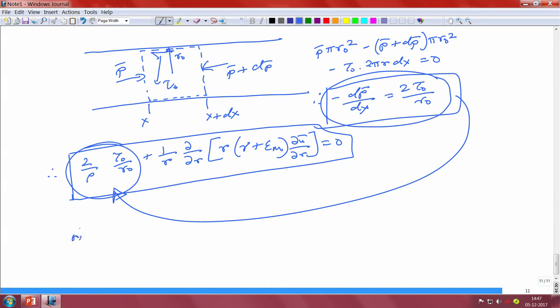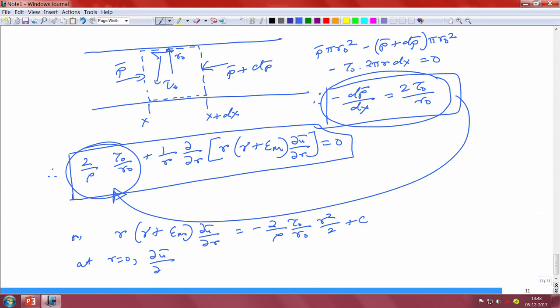Now we can quickly do the integration. So r times gamma plus epsilon m, du bar by dr, is equal to minus 2 by rho tau naught by r naught times r square by 2 plus c. So at r equal to 0, du bar by dr is equal to 0. Therefore this leads to c is equal to 0.